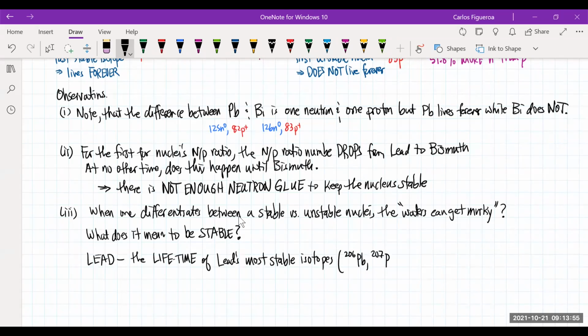And remember, I told you that this is one of my favorite atoms on the periodic table. The history is just fantastic. So the lifetimes of lead's most stable isotopes, and here's the key thing, are too long to measure.